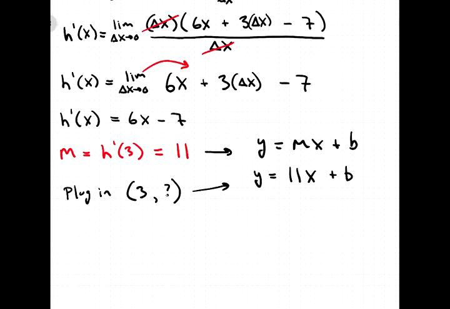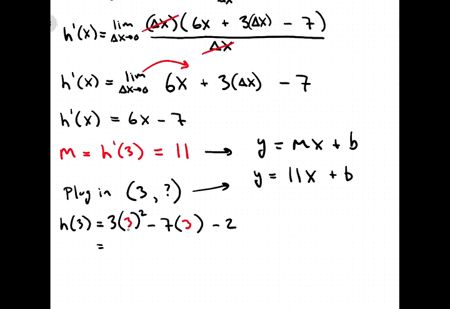Well, we need to know what is the y value when x is equal to 3. So we need h of 3. So plug in 3 into the original h function. So that's 3 times, we'll plug in 3 for x, 3x squared minus 7x minus 2.